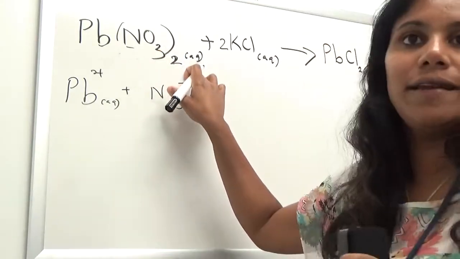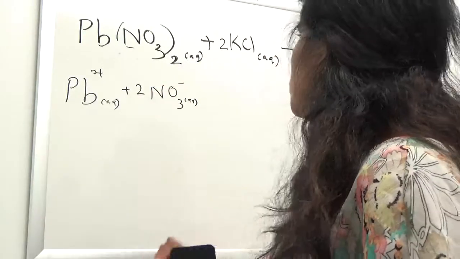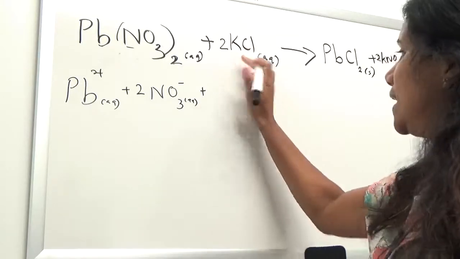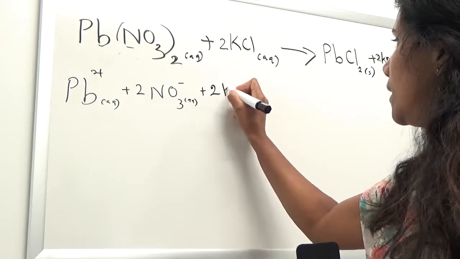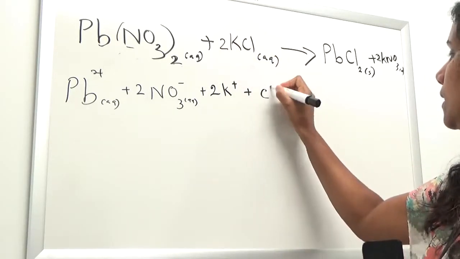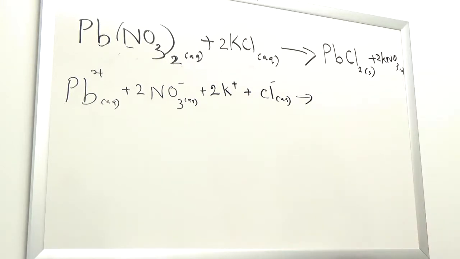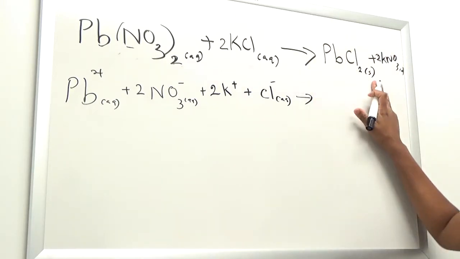How many nitrates? Two. You can't forget this 2, so you put 2. Plus potassium chloride: 2K+ aqueous plus 2Cl- aqueous. This is important. But lead chloride is a solid.